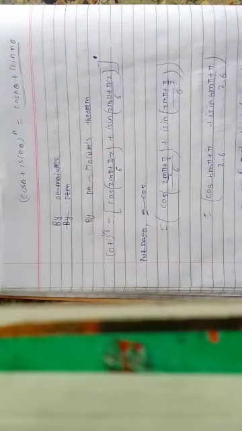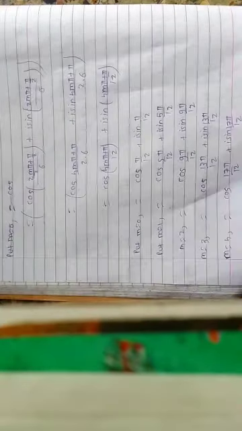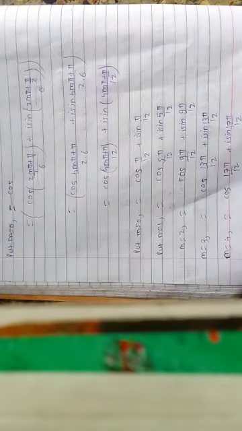Then we have to put the value of m as 0, 1, 2, 3, 4 and 5. And one more important thing: if our power is 1 upon n, then we put the value of m up to n minus 1.